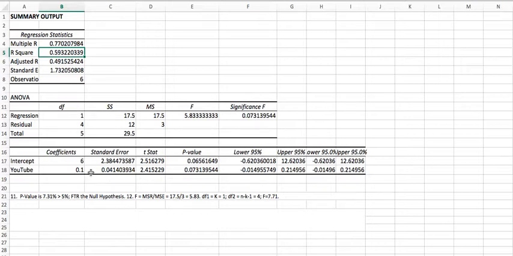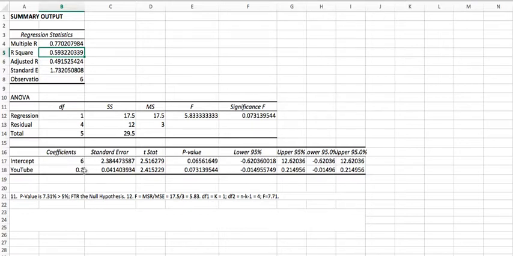Is that equation significant? What we would do is set up our null hypothesis, which says there is no slope. Once again, when we're looking at the coefficients and focusing on the significance, we are focusing on the slope, the 0.1 here.